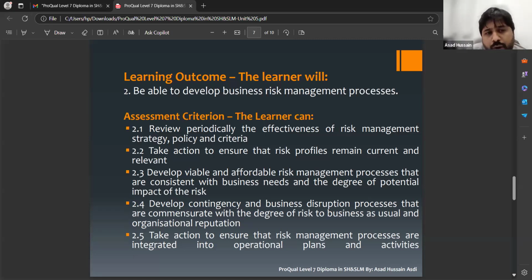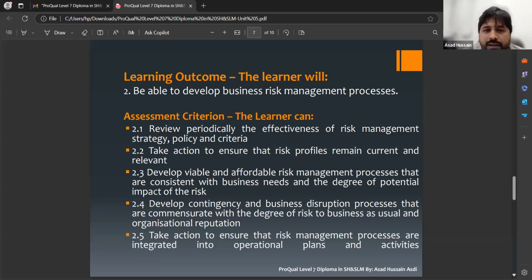Now, moving forward to 2.2, take action, because it is developed. It is in the implementation phase, or practical phase. Take action to ensure that risk profiles remain current and relevant.